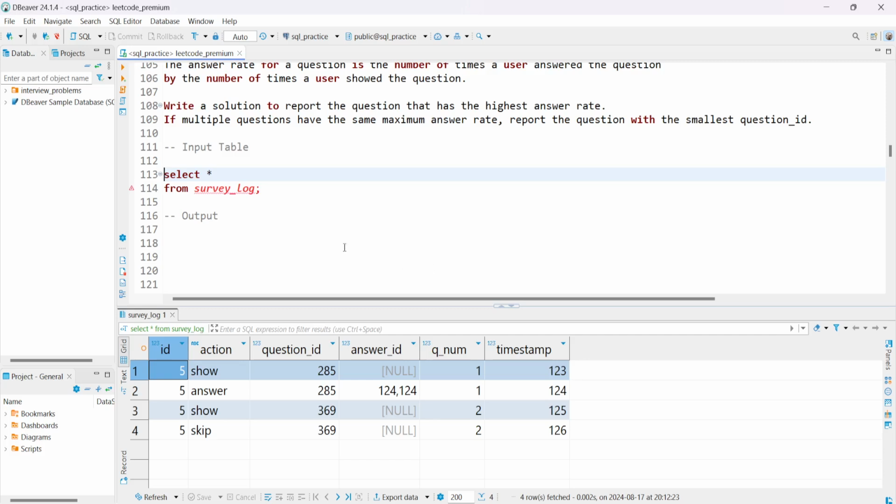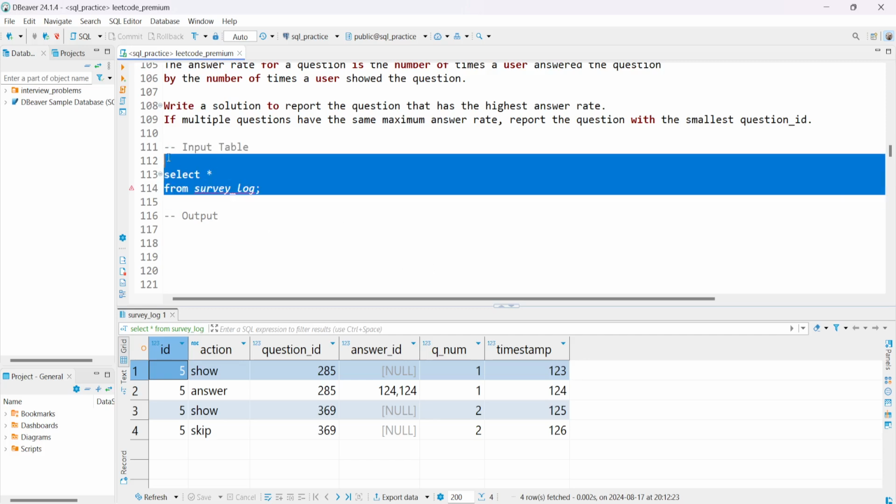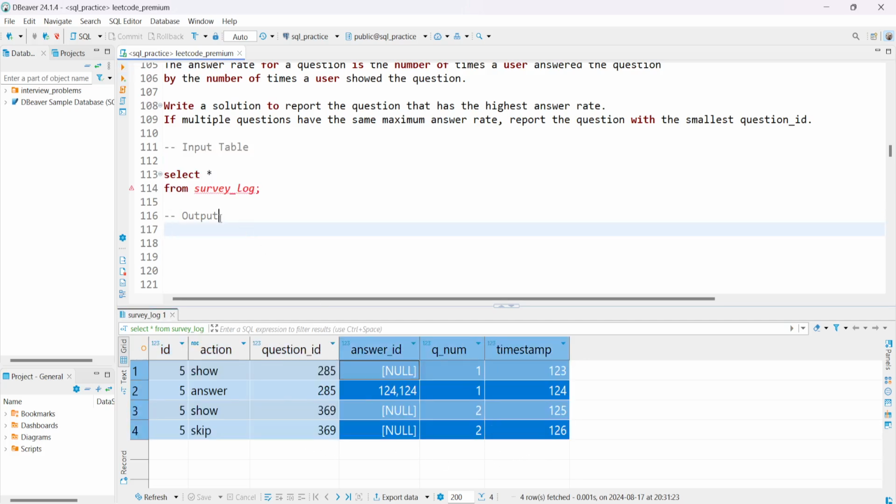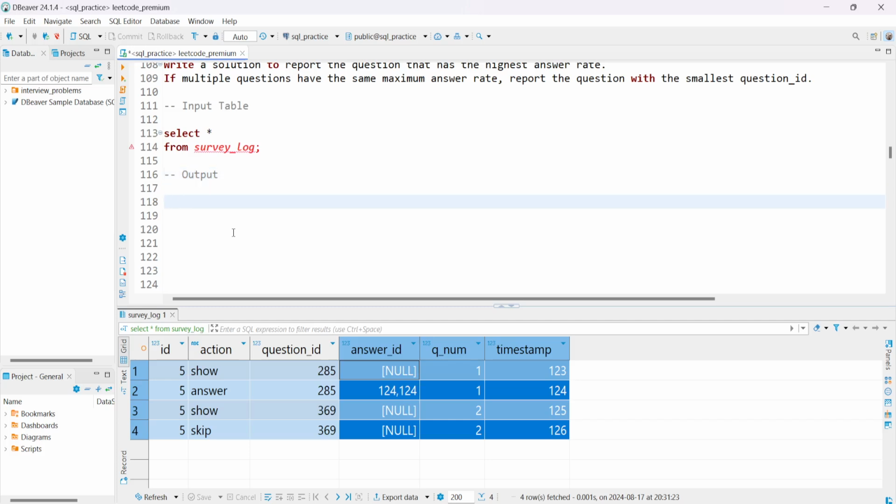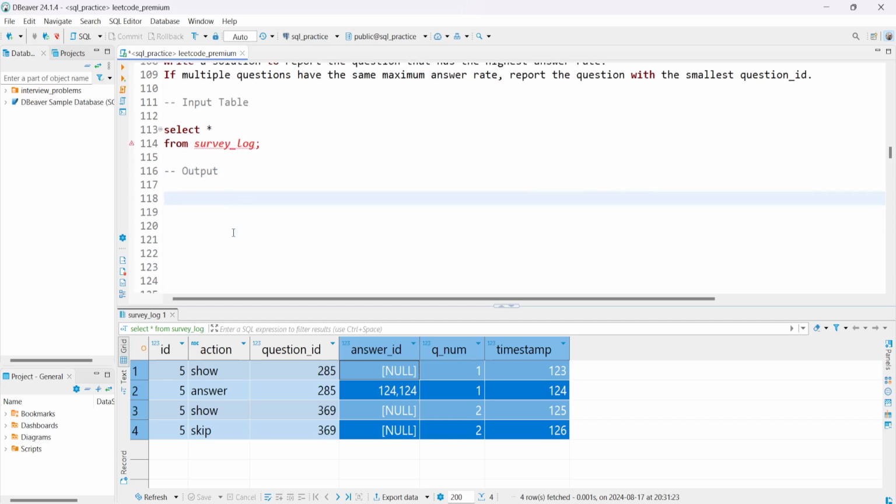Now here we can see that this is the input table, the same table which I showed. As we discussed, we need to do the group by and then find the count. I will write the solution very quickly. We need to do group by on the question ID.